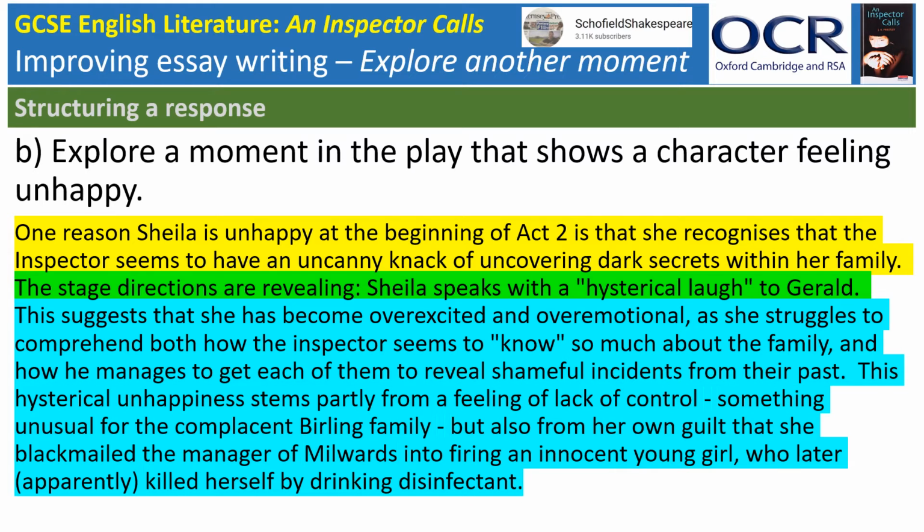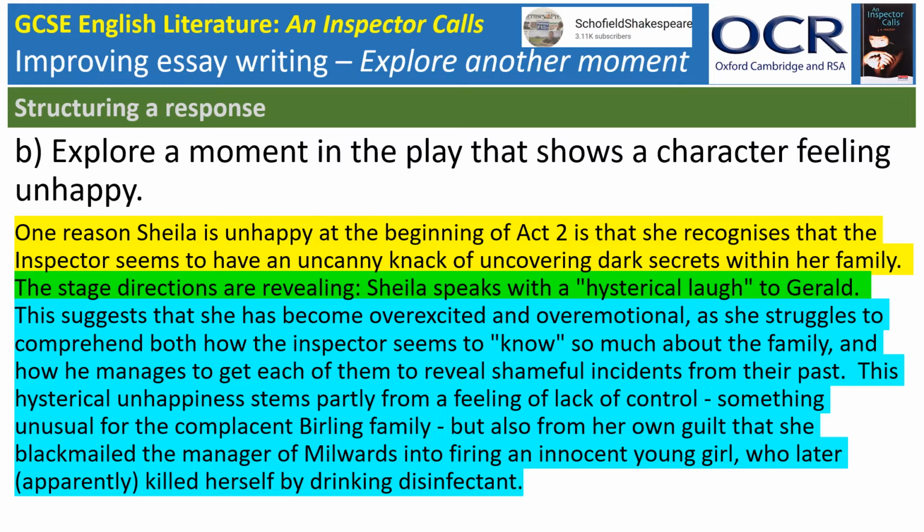This hysterical unhappiness stems partly from a feeling of lack of control, something unusual for the complacent Birling family, but also from her own guilt that she blackmailed the manager of Milwards into firing an innocent young girl who later apparently killed herself by drinking disinfectant.